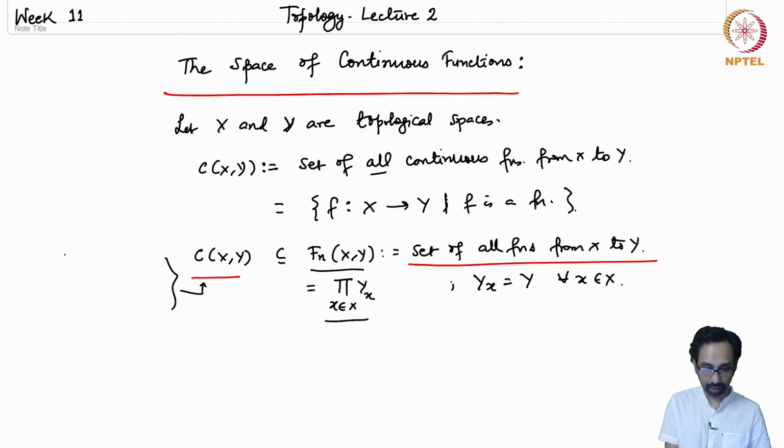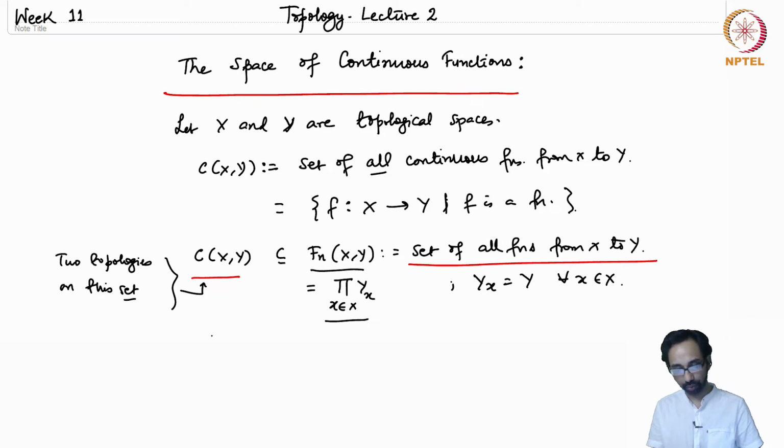And we are going to consider two topologies on this set. So we are going to put two different topologies on this set. One will be coming from the product topology.